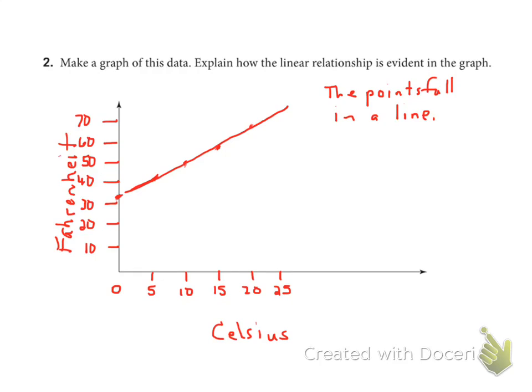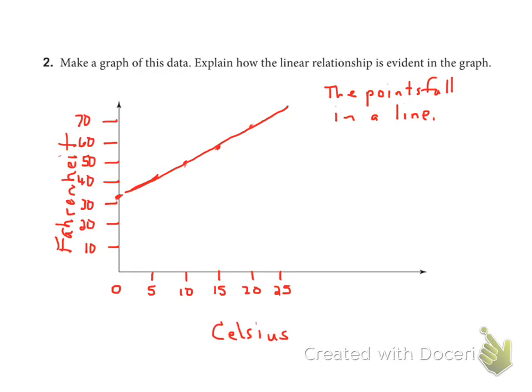Let's go to number 3. Identify the values of M and B using the graph. Explain how you found these values from the graph. So the slope, how would you find that from the graph? We can count rise over run.